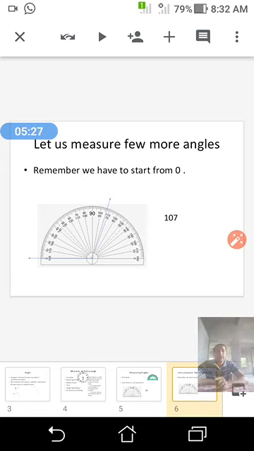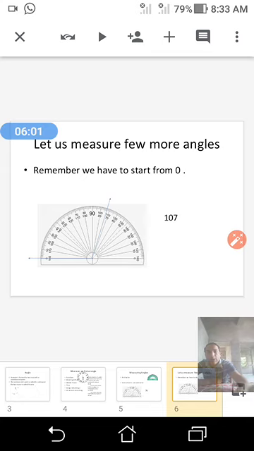Here also you can see an angle formed by the blue color rays. As we have placed the protractor, you can see the vertex of the angle coincides with the center of the protractor, and one arm of the angle coincides with the 0 degree of the protractor, but this time it is in the opposite direction. So we will start again from 0. We should look for 0 on the protractor and go on counting.